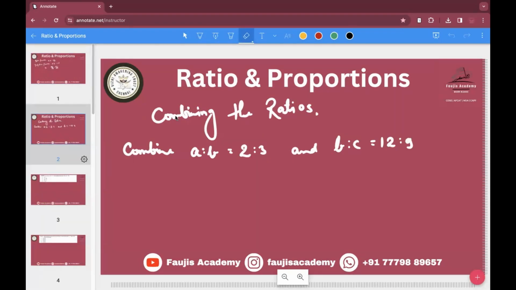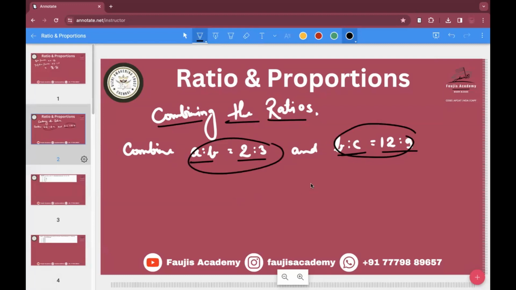There's a small challenge for you. A and B are in the ratio 2:3, and B and C are in the ratio 12:9. I want you to combine these two ratios to write it in the form of A ratio B ratio C. By the way, A ratio B ratio C ratio D, even this is not proportion, this is ratio.